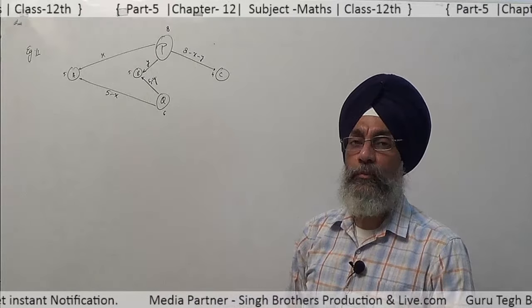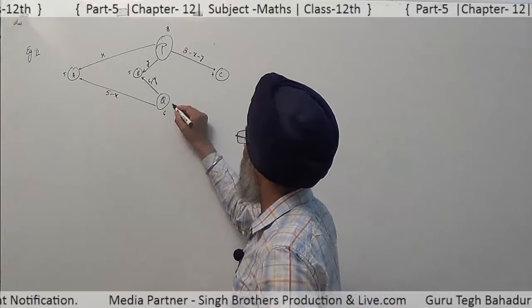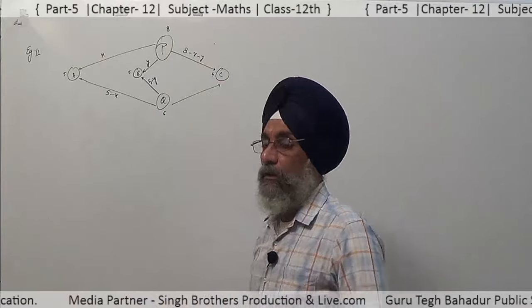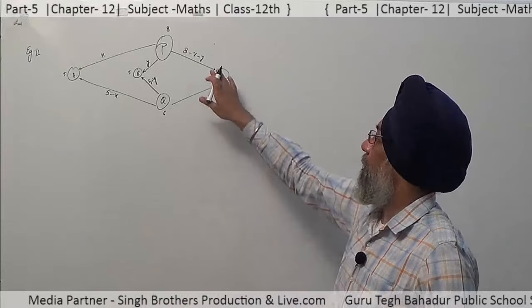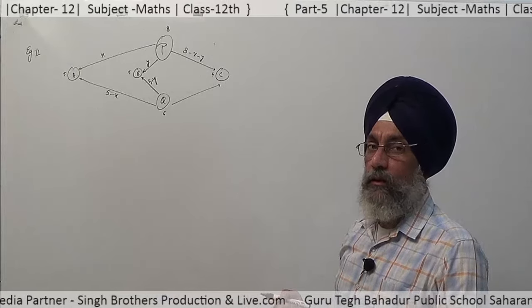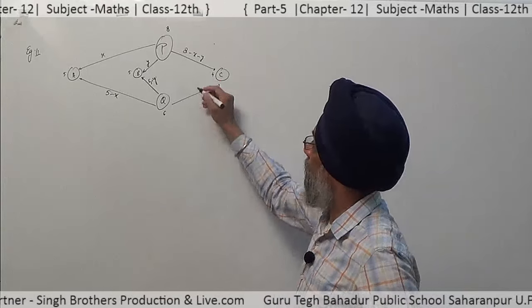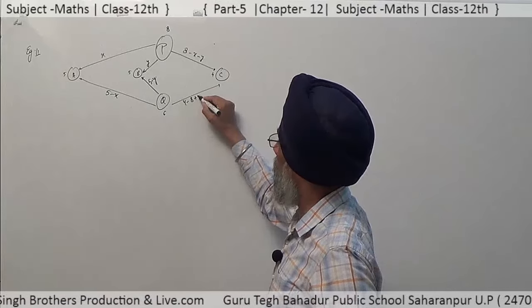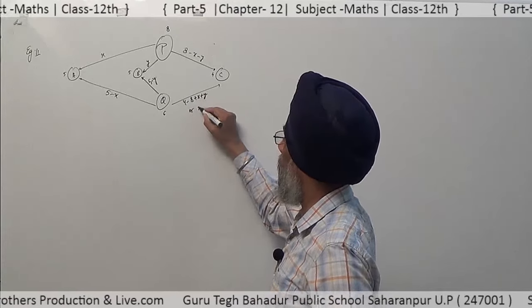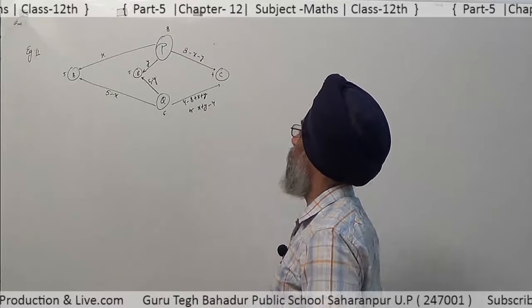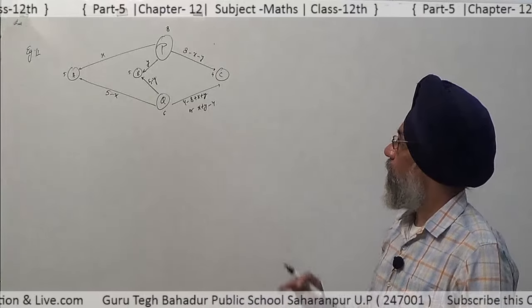Now, 4 have to be delivered at C, but 8 minus X minus Y are delivered to C. So the remaining are 4 minus 8 plus X plus Y, or you can say X plus Y minus 4, to be delivered to C from Q to C.